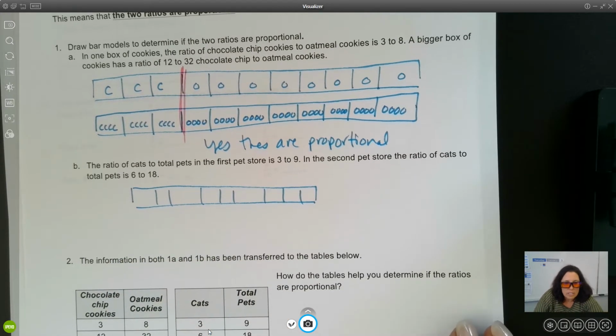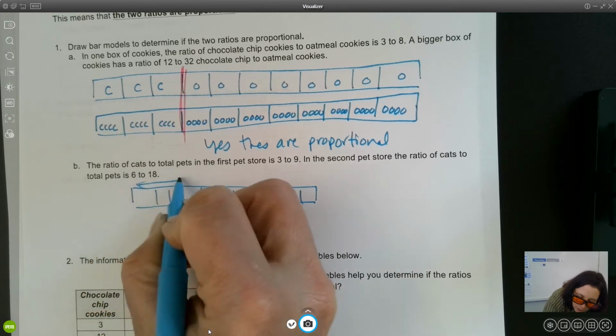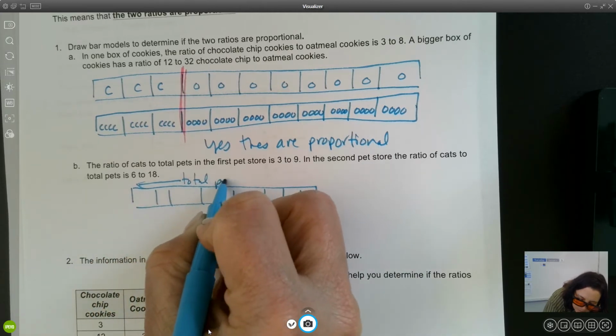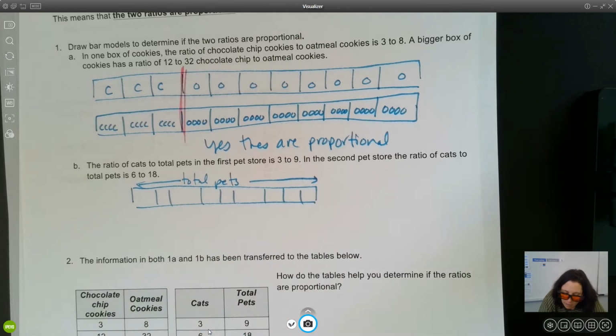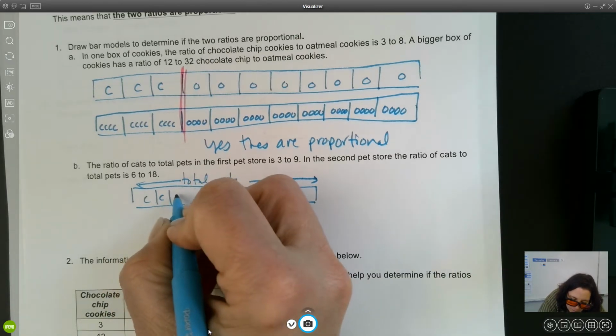Okay, that doesn't look very even, but I've got 9 boxes. Okay, and all of these are total pets. And 3 of them are cats.